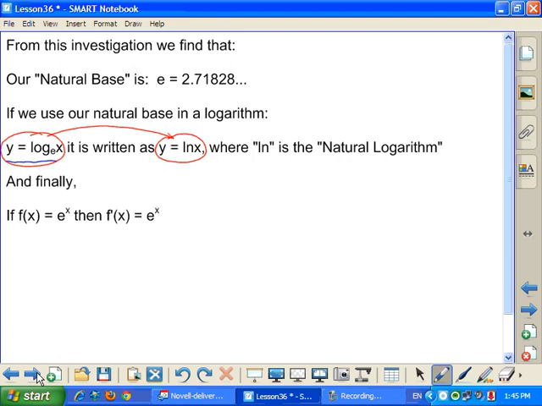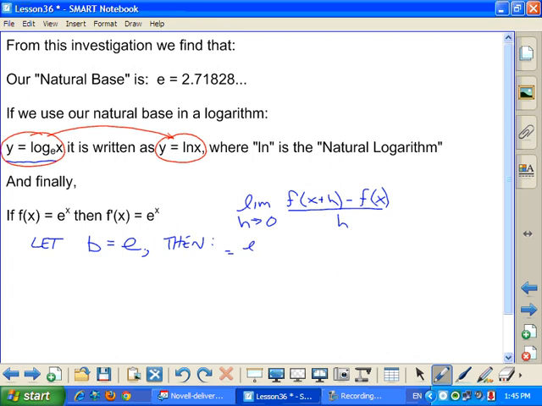If we let b equal the natural base, then we take our limit as h approaches 0 of f of x plus h minus f of x over h. So it's the limit as h approaches 0 of e to the x plus h minus e to the x over h.